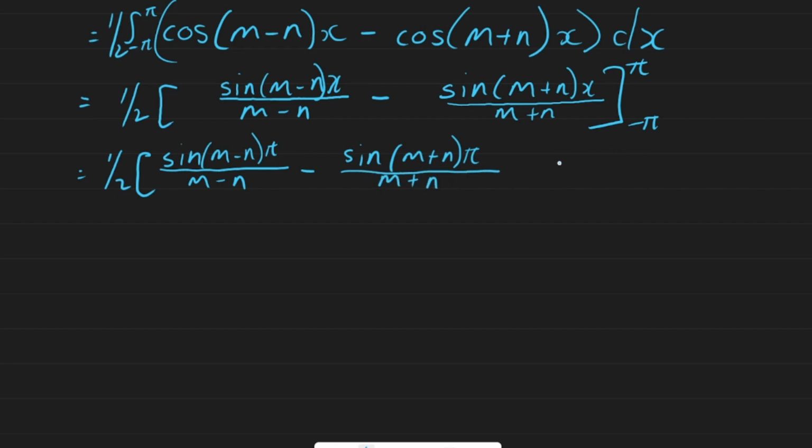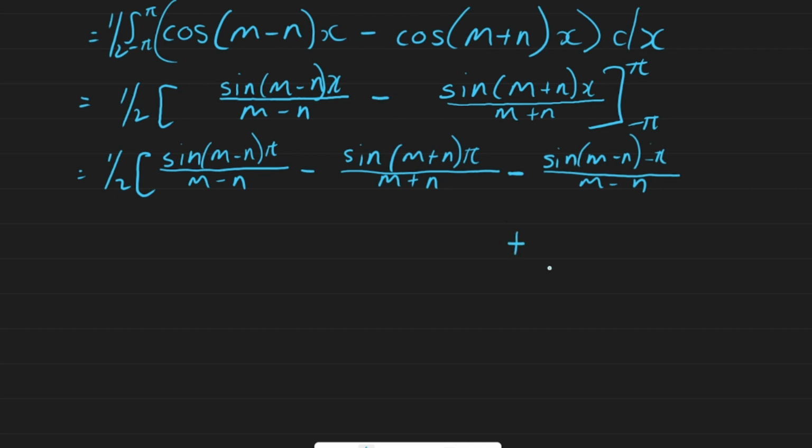And now we substitute in minus pi. So the next term would be negative sine of m minus n times minus pi divided by m minus n, and the last term is plus.